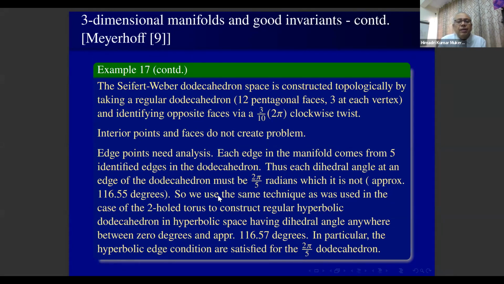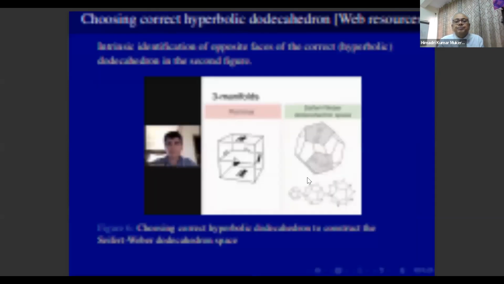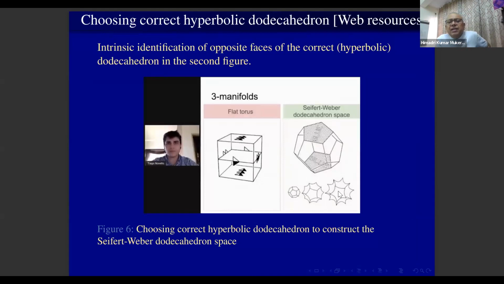So we use the same technique as used in the case of the two-hole torus to construct a regular hyperbolic dodecahedron in hyperbolic space, having dihedral angles anywhere between 0 and this degree. In particular, the hyperbolic edge condition is satisfied for a 2π/5 dodecahedron.